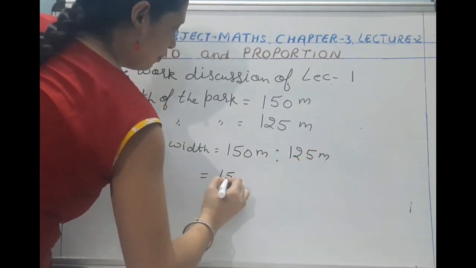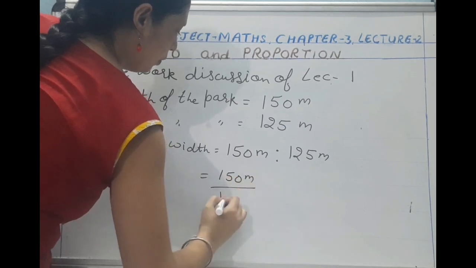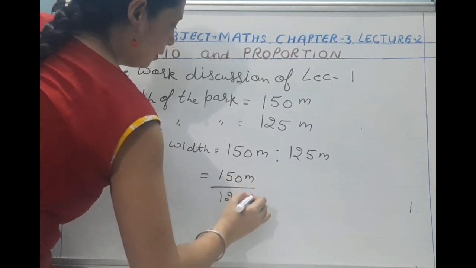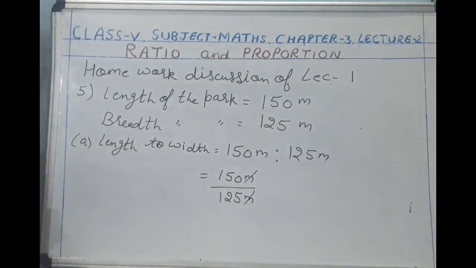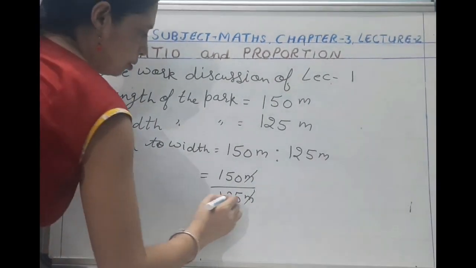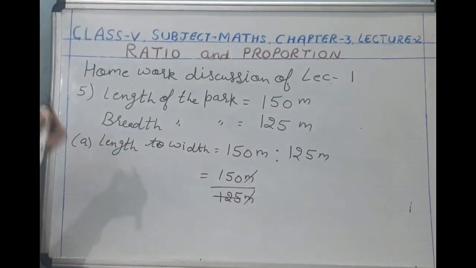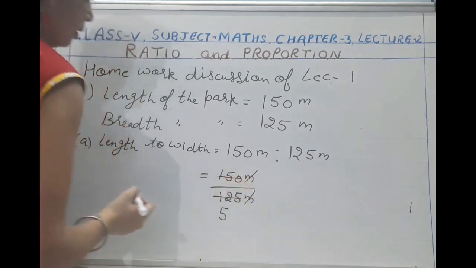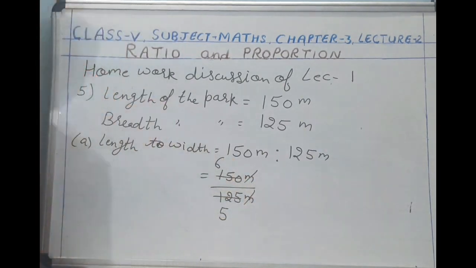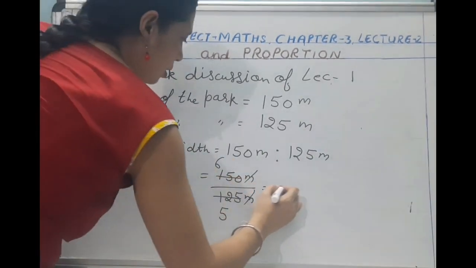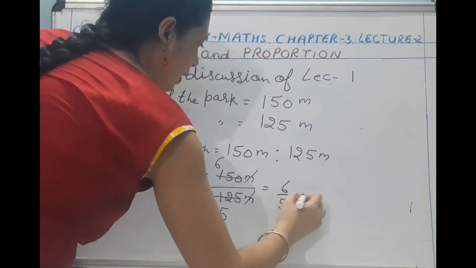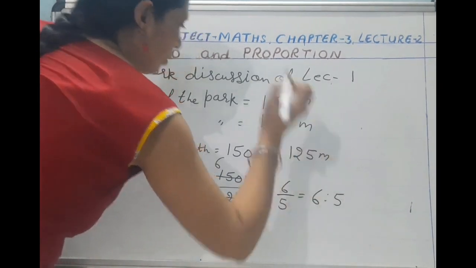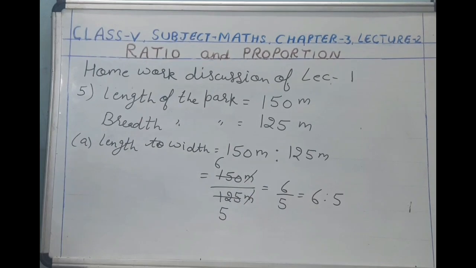It will be 150 meter upon 125 meter. Meter cancel. You can cut down with the table of 5 or directly with table of 25. 25 5s are 125. 25 6s are 150. So your answer is 6 upon 5, or you will write down 6 ratio 5.